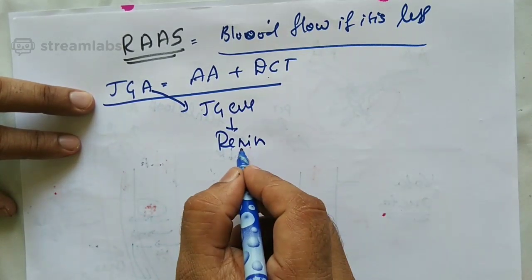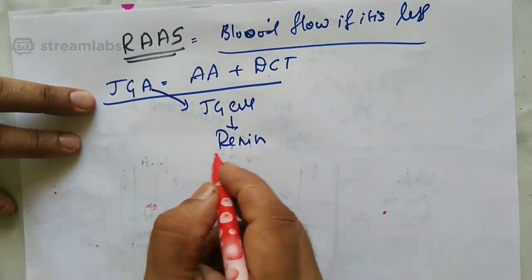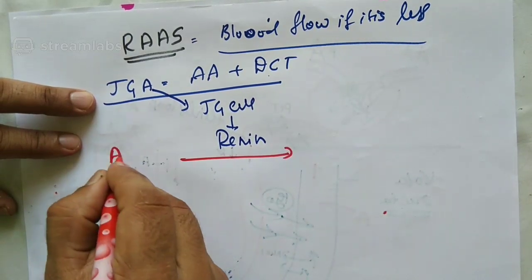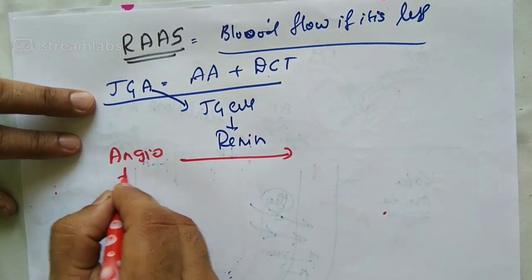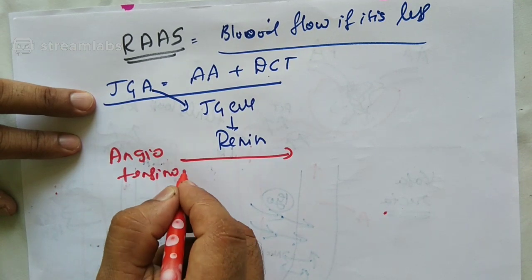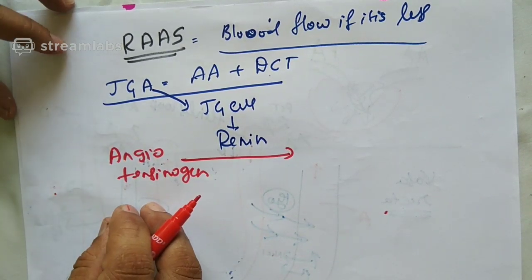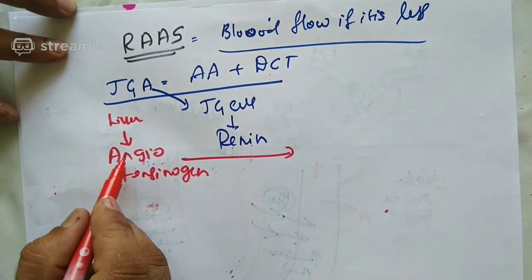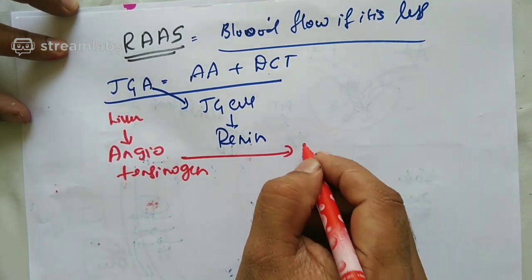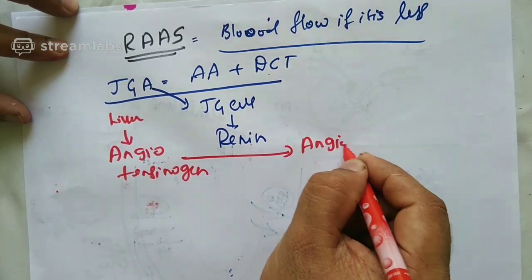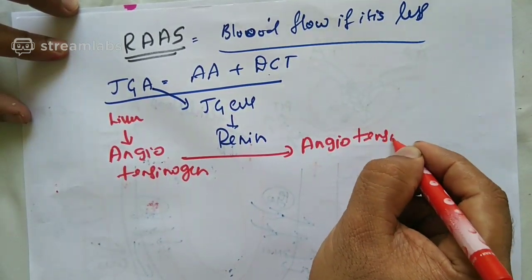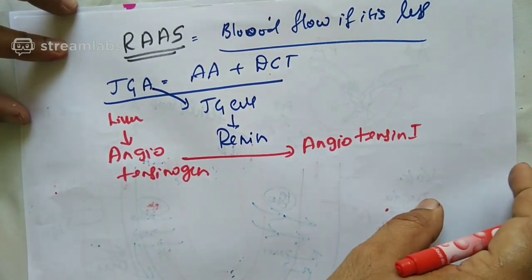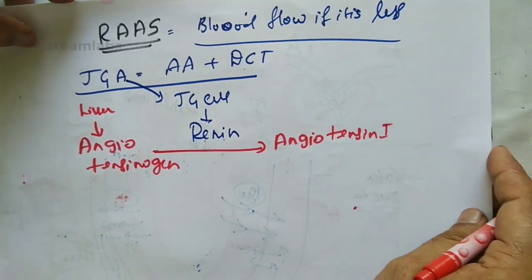Spelling, you see only a single N. This renin will convert angiotensinogen. Angiotensinogen means inactive, produced by the liver. It converts angiotensinogen into angiotensin 1.